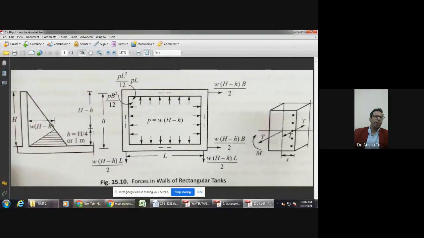This is h by 4 for this spacing. Now the reinforcement which is going to be there till this height is going to be different.